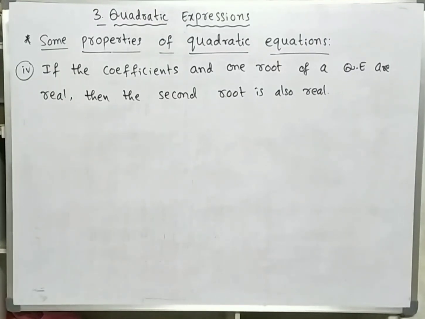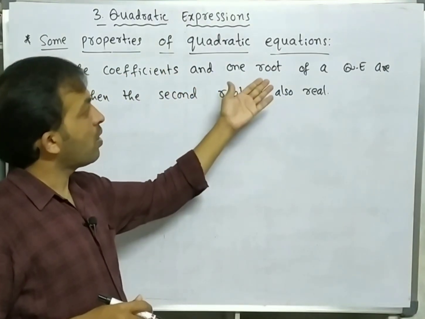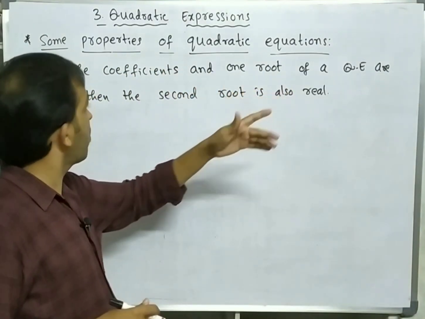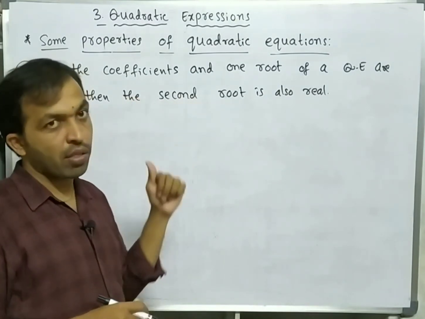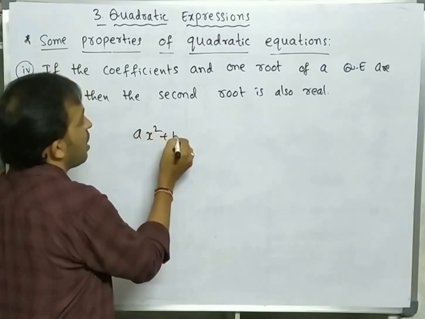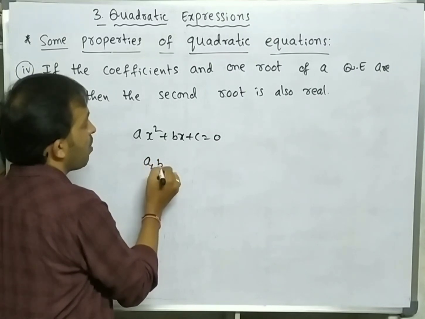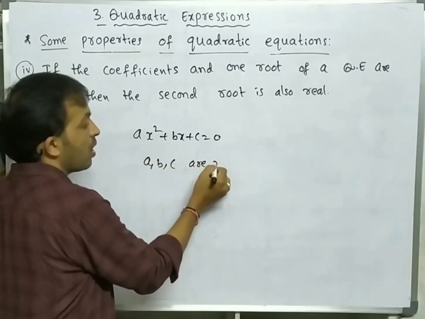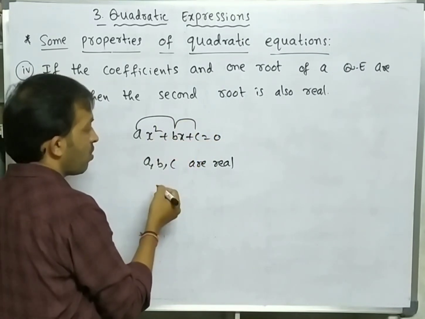Next, fourth point: if the coefficients and one root of a quadratic equation are real, then the second root is also real. So ax square plus bx plus c is equal to 0 is a quadratic equation, if a, b, c are real, and also one root.